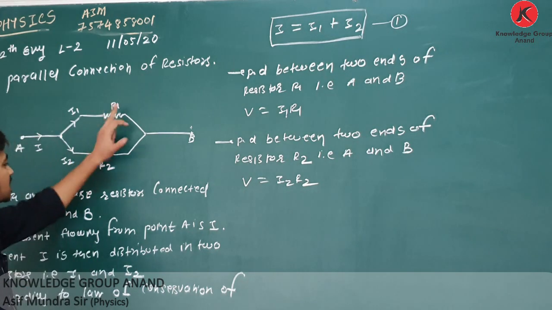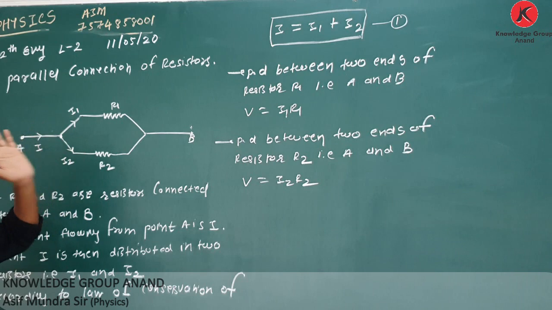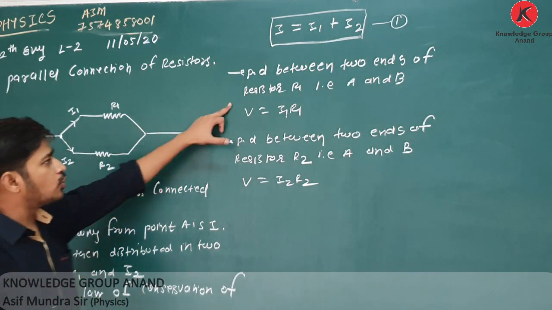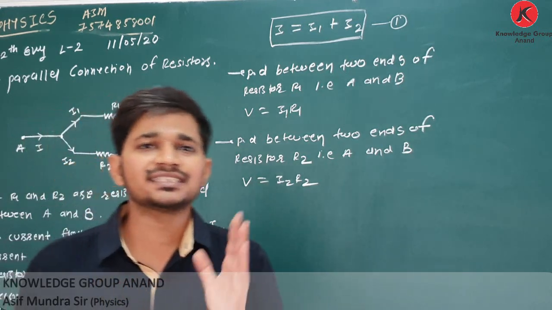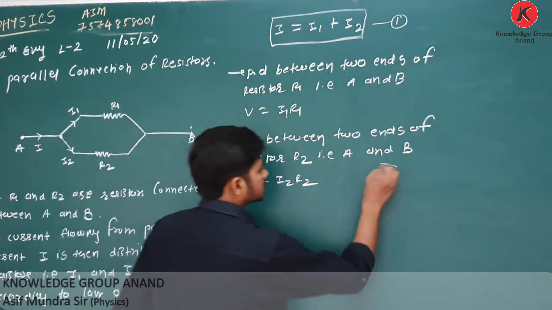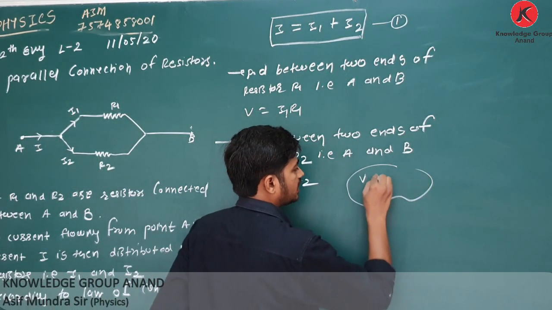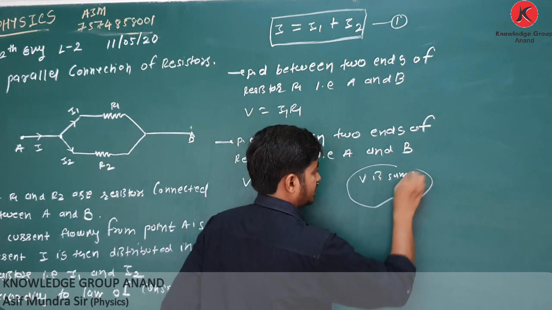As these two resistors are connected between two common points, the potential difference across them is the same. So potential difference V is the same for parallel connection.